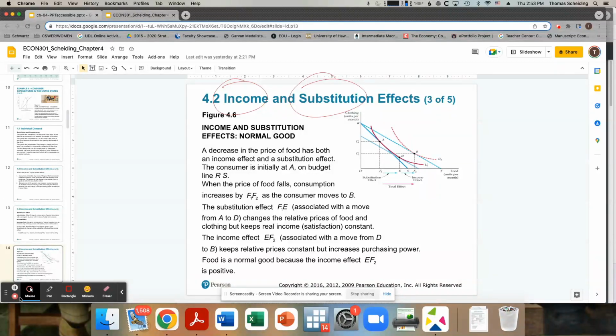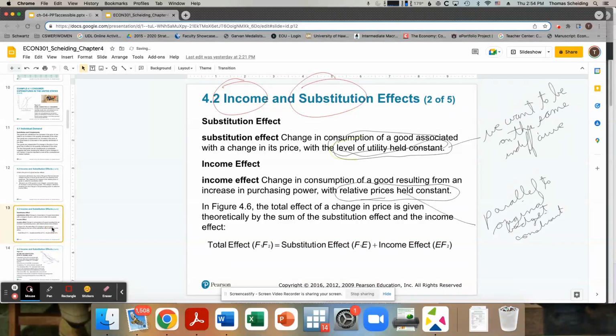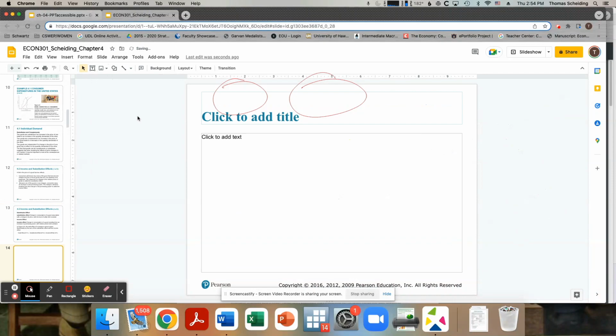So let's draw this out here. We've got a space where we've got quantity of food, let's say, and quantity of clothing.